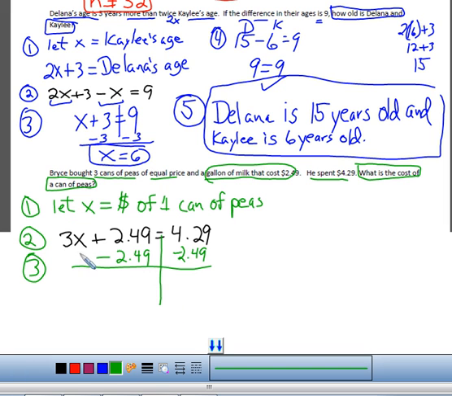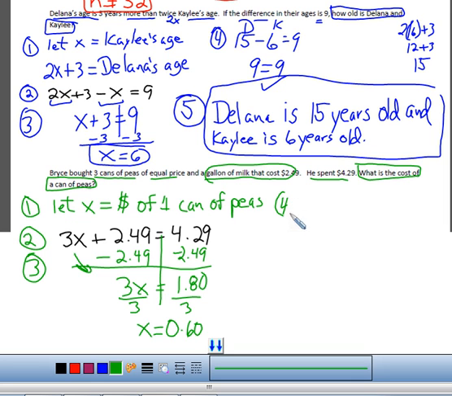And when you do, the 3x comes down and you get 3x equals $1.80, divided by 3. $1.80 divided by 3 is 60 cents.